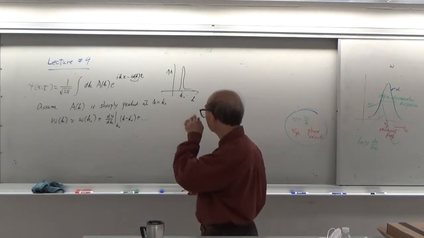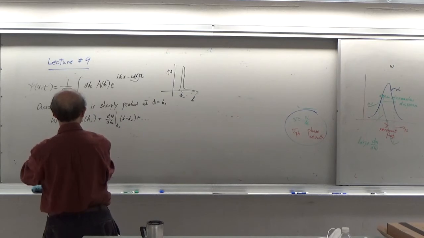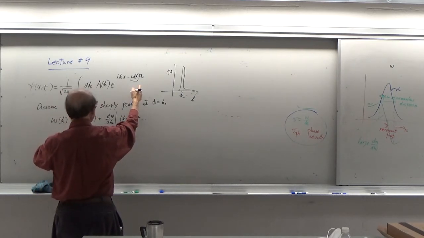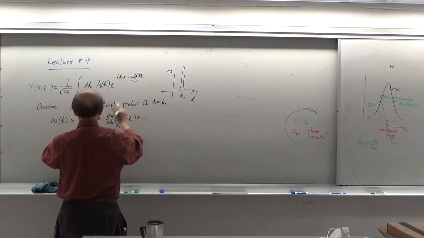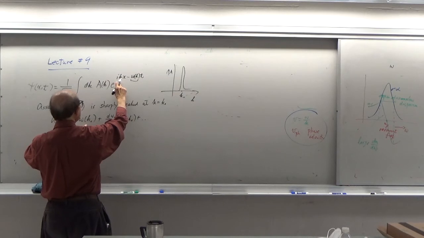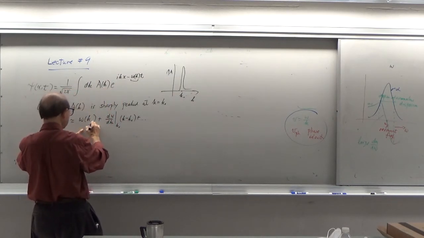All right, then what happens? Omega here is always multiplied by t, and this term in omega of k is independent of k, so it can be pulled out of this integration, and so can this one.